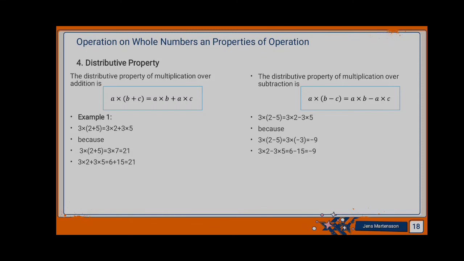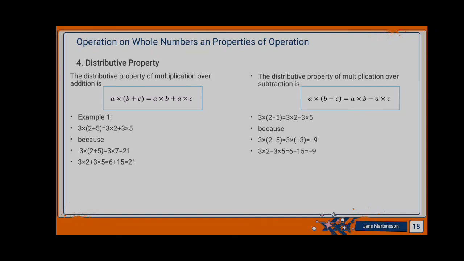Example 1: 3 times (2 plus 5) is 3 times 2 plus 3 times 5, because 3 times (2 plus 5) is 3 times 7, which is 21, and 3 times 2 plus 3 times 5 is 6 plus 15, which is 21.